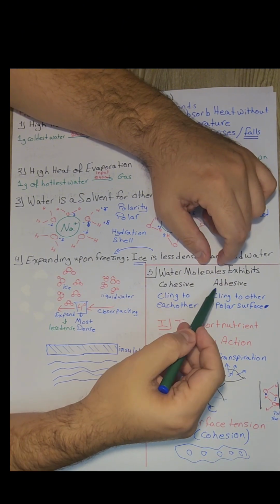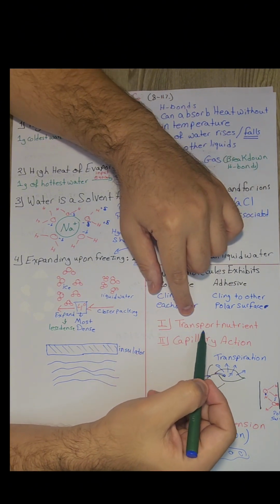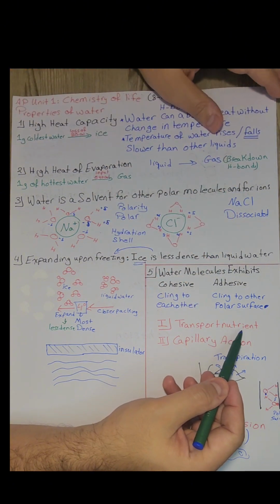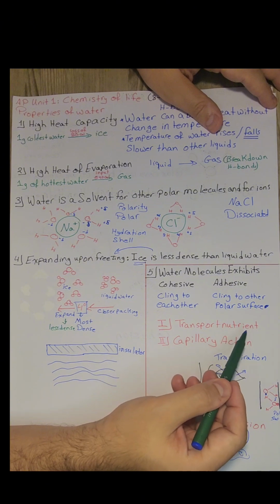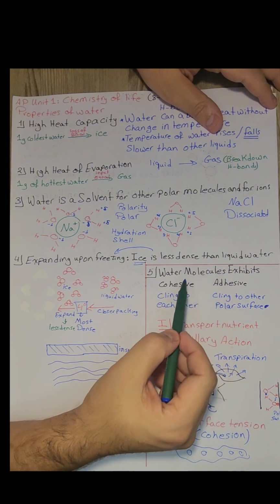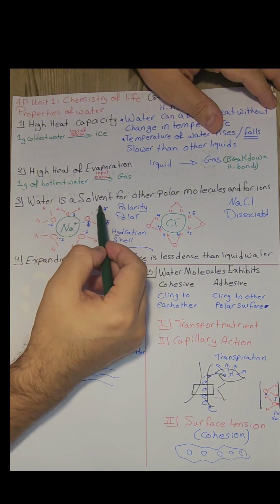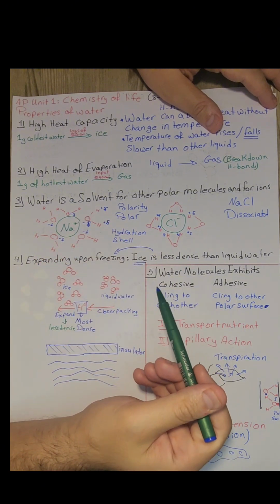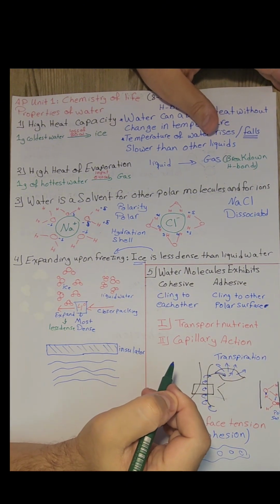And these two properties, cohesion and adhesion, both play an important role in transporting nutrients in blood. Remember, 90% of the liquid found in blood is made up of water. Thanks to cohesion and adhesion, and also to water being a universal solvent, blood has the ability to transport nutrients in the cardiovascular system.